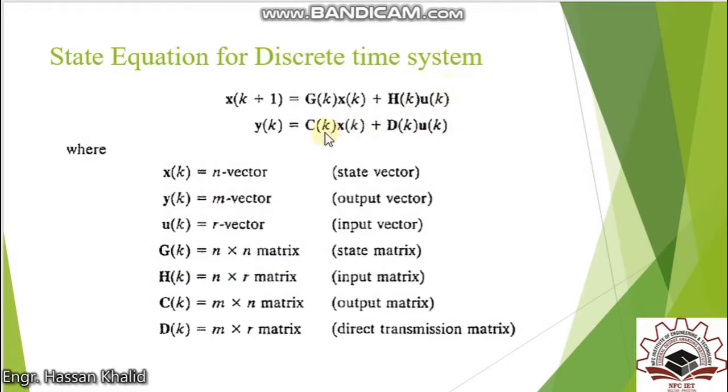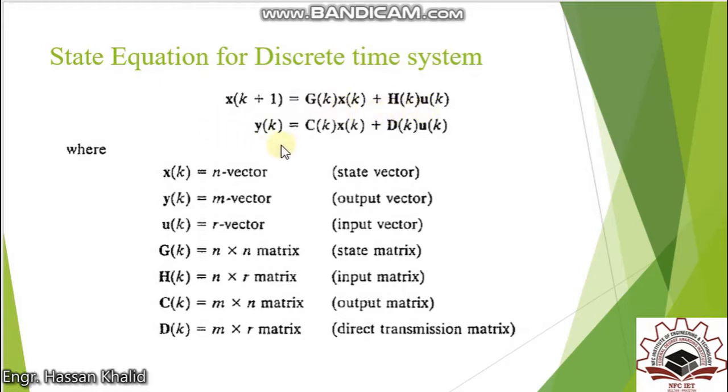Now let us define the state equation for the discrete time system. In the previous chapters, especially the first, second and third, we were told that if we are considering the discrete time system, then we replace the time instant t with k. Since this vector equation is a first order difference equation, we write x of k plus 1 equal to G of k x of k plus H of k u of k.